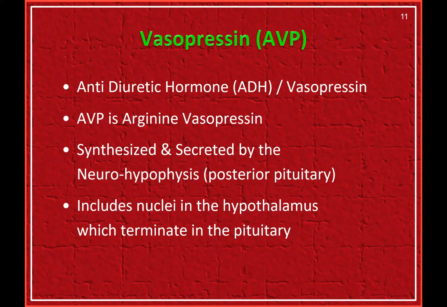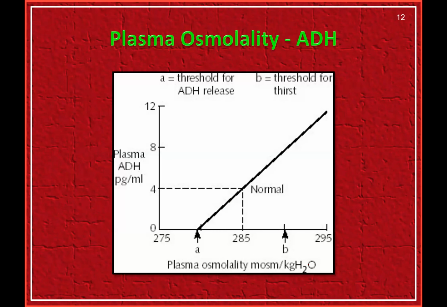The nuclei are in the hypothalamus and the terminals of the nuclei are in the pituitary. So it is being generated from the hypothalamic nuclei, and those nuclei have terminals in the posterior pituitary, where the antidiuretic hormone comes into the posterior pituitary, and from there into the pituitary circulation. There is a beautiful portal circulation within the pituitary, which delivers these hormones into the blood there.